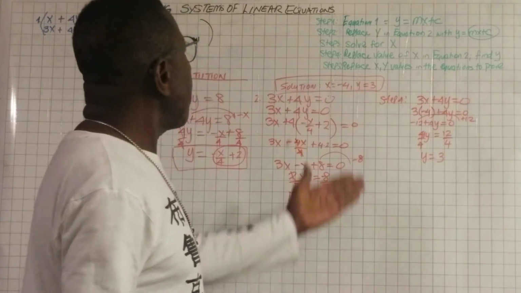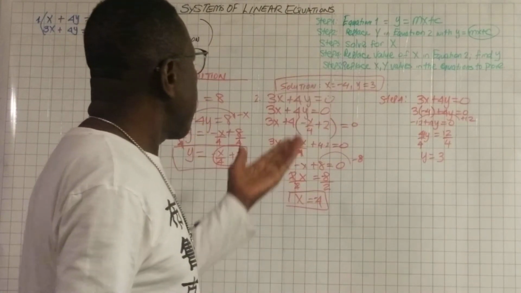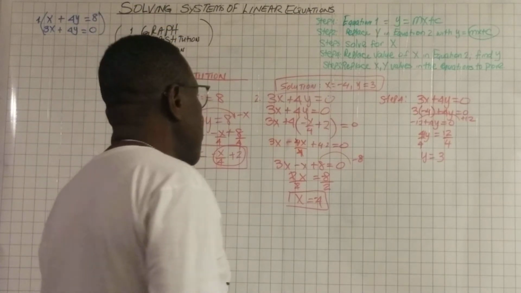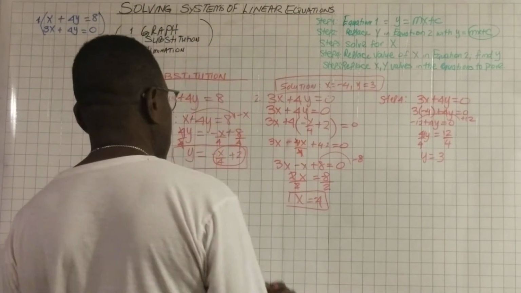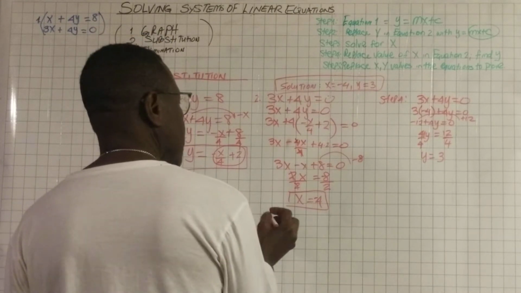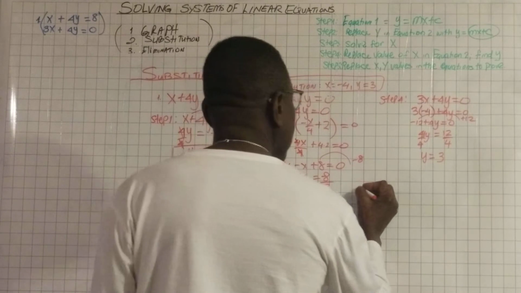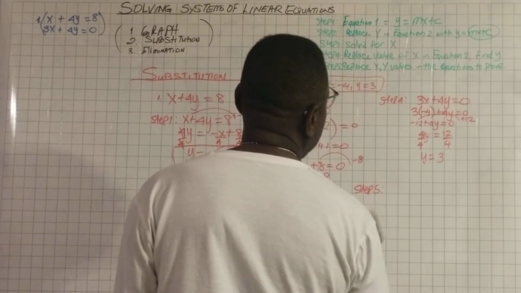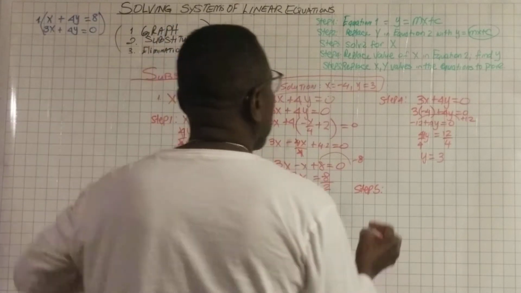Okay? How do you know this is correct? Place that value into one of the equations and see how it comes up. And that would be step 5. So for step 5, let's put that into the first equation.